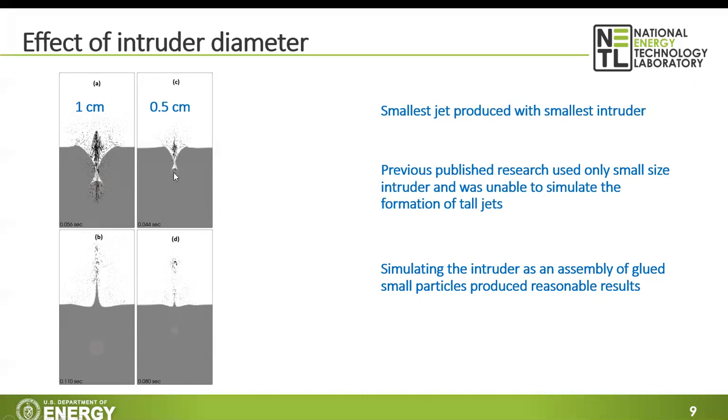By gluing small particles to form the intruder, we solve two problems. We solve the problem of contact between the intruder and the bed particles, and we also can now use a very fine mesh. So we actually mesh the bed and the intruder, and we resolve the flow inside the intruder.